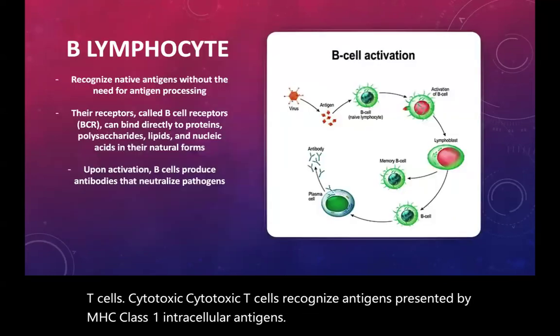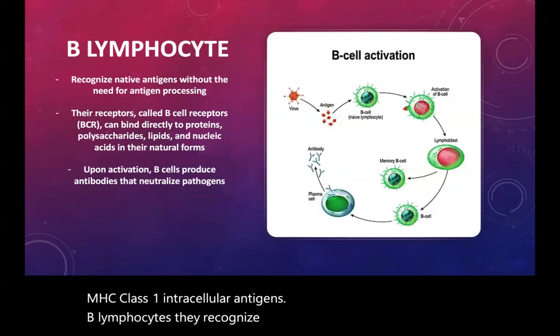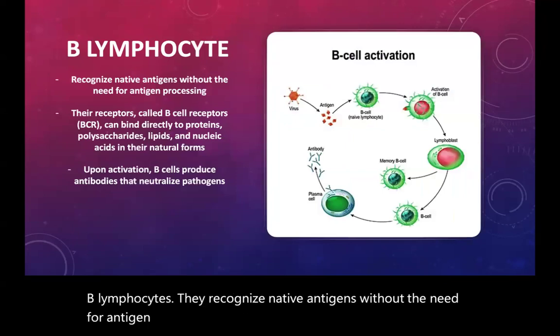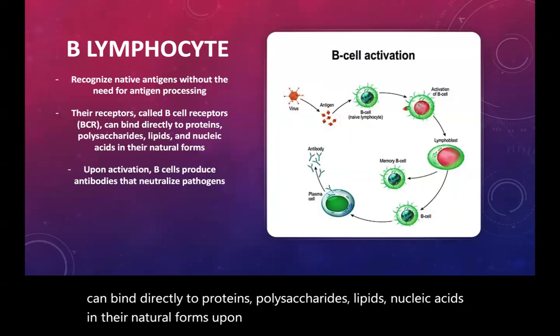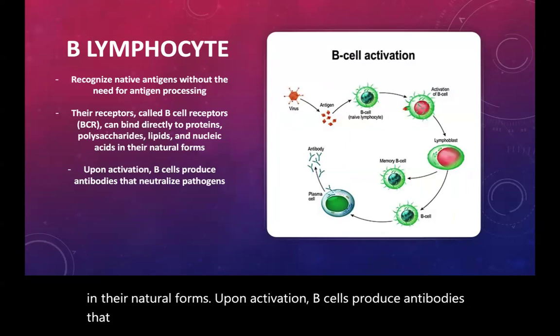B lymphocytes recognize native antigens without the need for antigen processing. The receptors, called B cell receptors, BCR, can bind directly to proteins, polysaccharides, lipids, nucleic acids in their natural forms. Upon activation, B cells produce antibodies that neutralize pathogens.